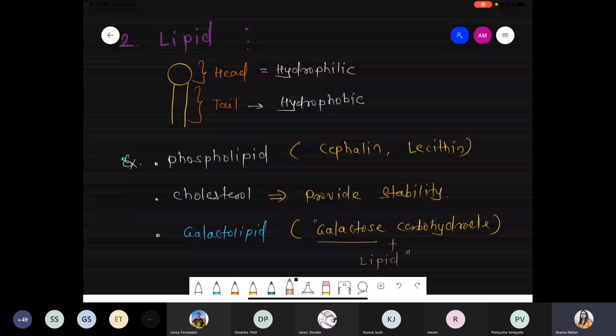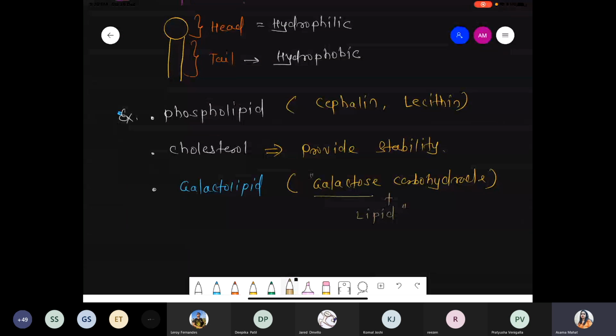So lipid can bind with protein, lipid can bind with carbohydrate. Simply we are talking about carbohydrate plus lipid composition. A simple example is galactolipid, because lipid has the tendency to bind with protein, with carbohydrate, or might be possible with a phosphate group also. Means they can become more complex, when they require stability. So this is the very simple information with respect to the lipid part.